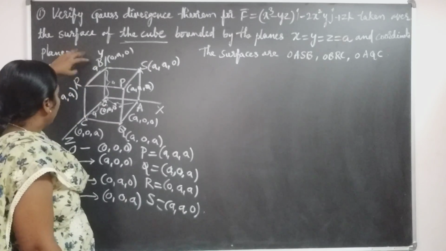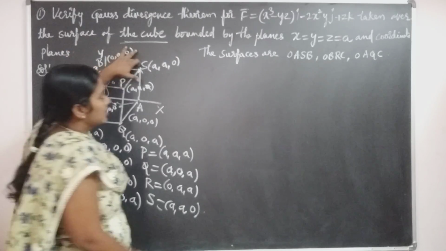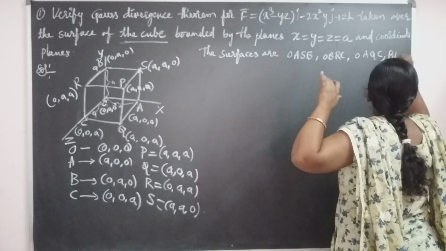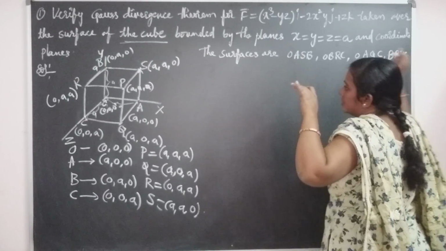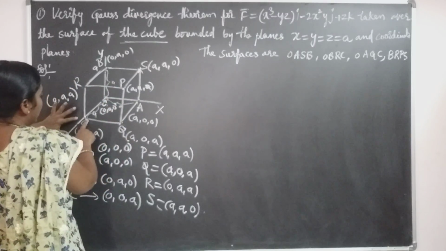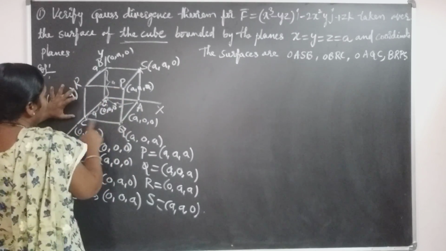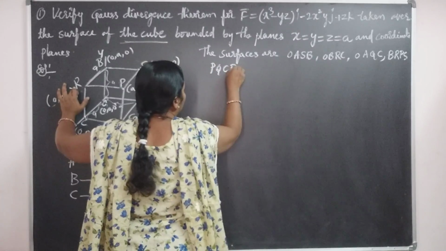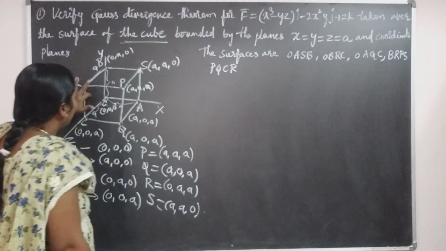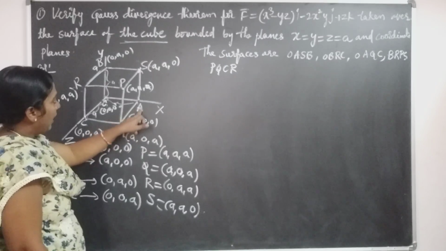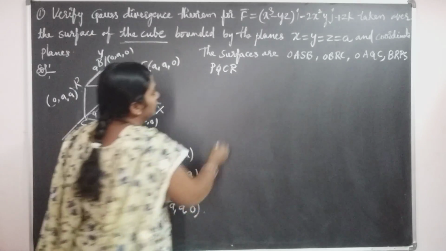The top is BRPS. The front surface is PQCR. Remaining is the sixth surface, ASPQ.